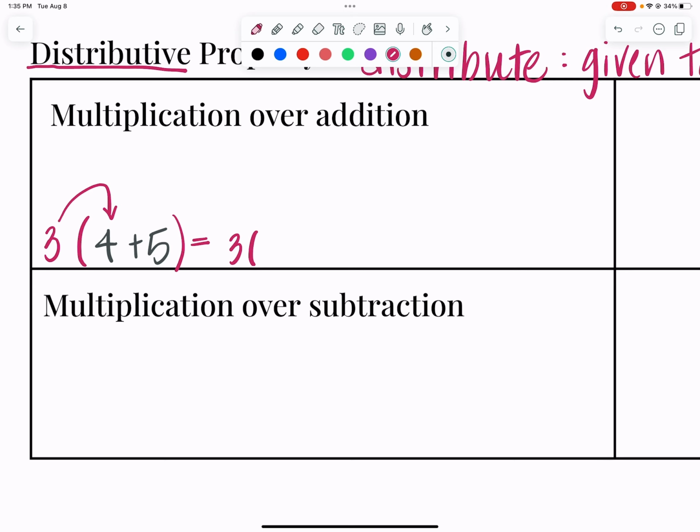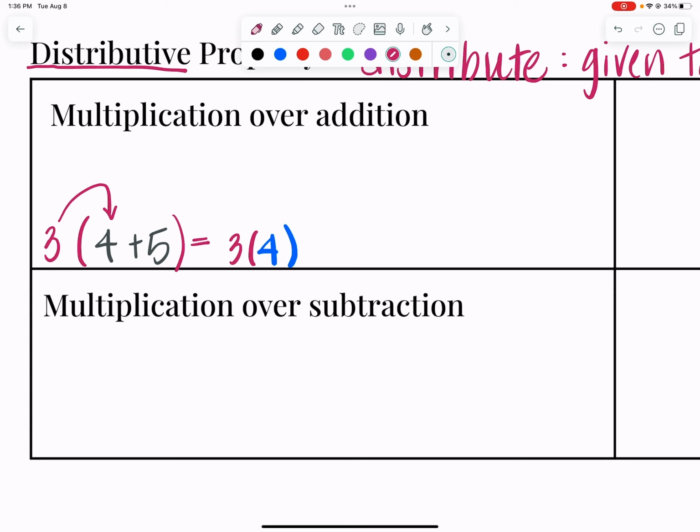Well, that's super fun. I'll pick a color that's already there. So I'm going to do 3 times 4. That was really huge. We'll try that again. That's better.